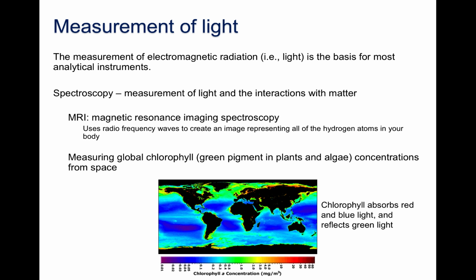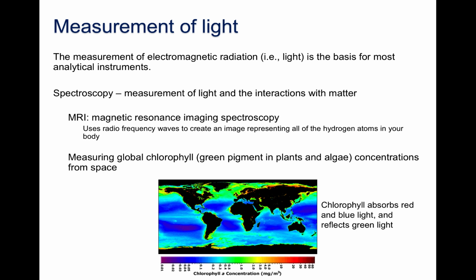Another application of spectroscopy is measuring global chlorophyll concentrations. Before the development of advanced spectroscopy, the way chlorophyll was measured in water samples was to take a boat out, take a water sample, bring it back to the lab, and measure the concentration. And so to get an idea of the global chlorophyll concentrations, that would take a long time.